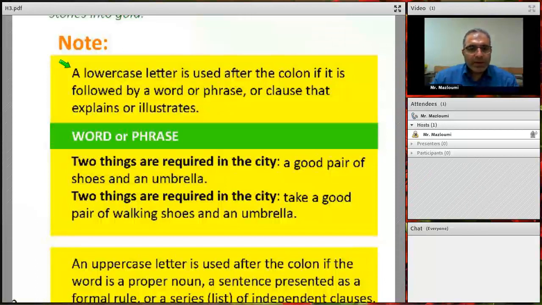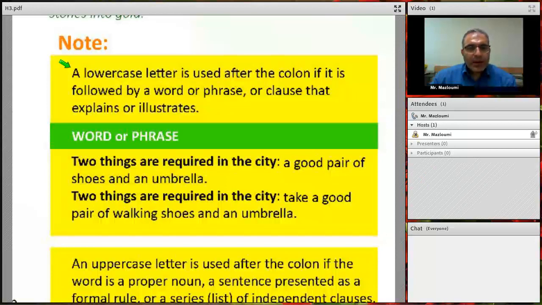A small letter is used after the colon. So we use a small letter after a colon if we have a word or phrase, or we have a clause that explains or illustrates, that gives more information. So, word or phrase, these are some examples.